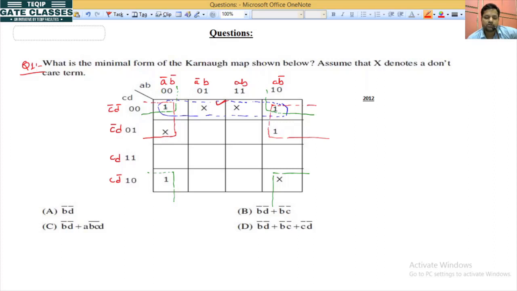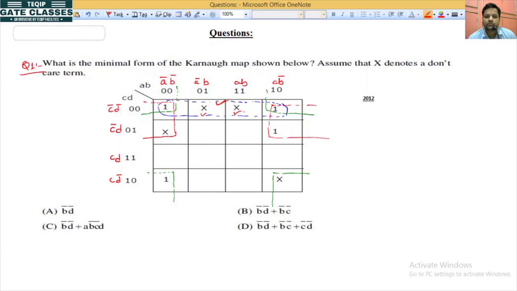In this quad, this one is covered by another group and this one is also covered by another group. So we are only covering one additional don't care.